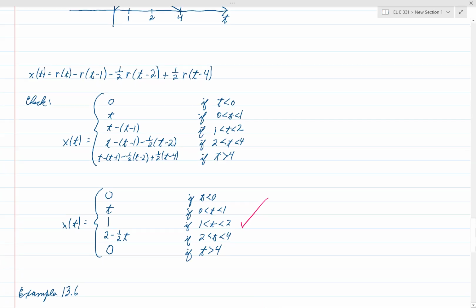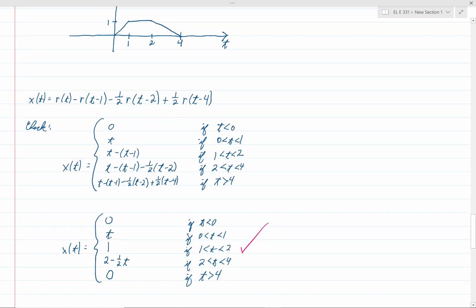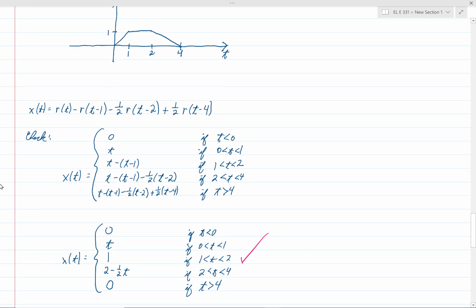If you compare that with the picture, you will see that that is exactly right. 0 for t less than 0, and also 0 for t greater than 4, is equal to t when we're between 0 and 1, and it's equal to 1 when we're between 1 and 2.